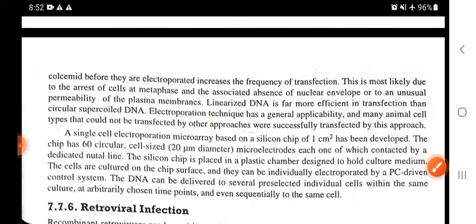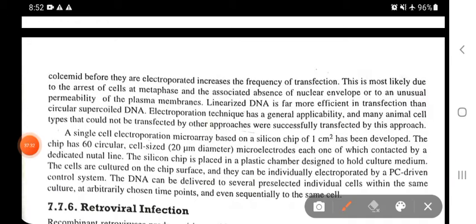Now, why has it been mentioned that when we apply colcemid to the target animal or plant cells before electroporation, it increases the frequency of transfection? Because colcemid arrests the cells at metaphase. So there is no nuclear envelope present at metaphase.